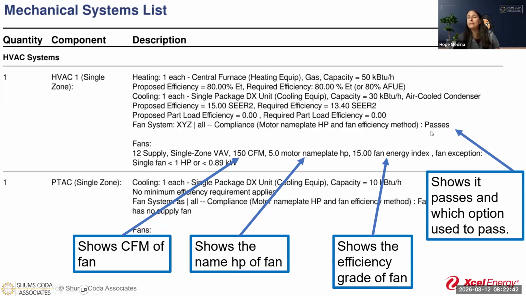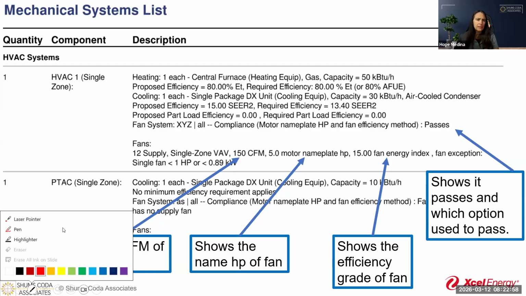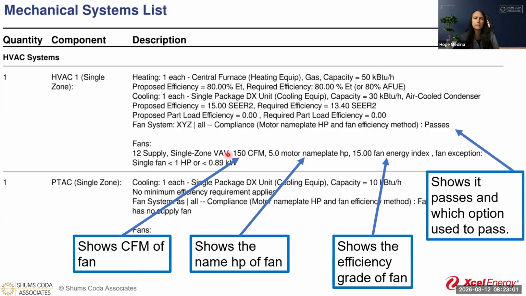Now, right here, it lets us know that the whole system, as it was entered into COMcheck, passes. Obviously, some of this you would have to verify on the plans, but this is saying that it passes. Now, the next thing, I'm going to get my laser pointer, I just realized, is that we need to know what the CFM of this particular system is.